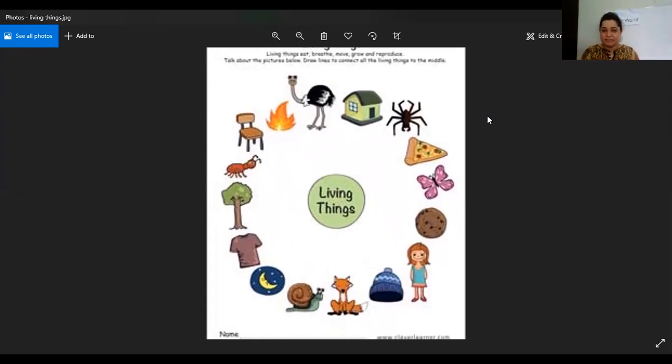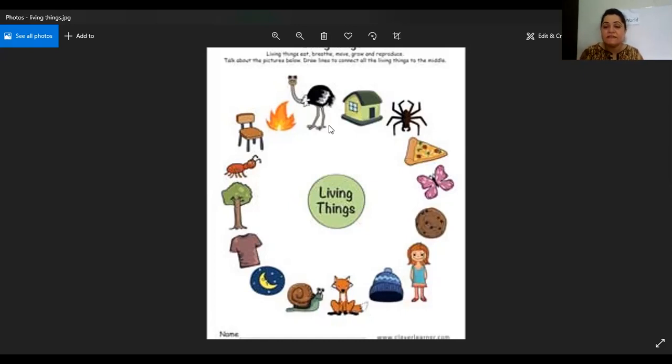There are a couple of pictures: a house, a spider, a pizza, a butterfly, a chocolate cookie, a girl, a cap, a fox, a snail, a moon, a shirt, a tree, an ant, a chair, fire, and an ostrich, right?